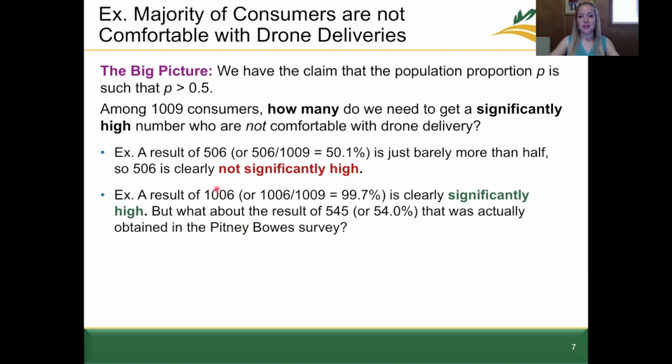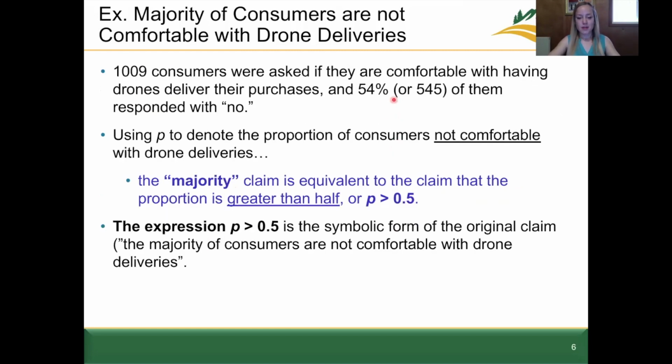But let's go back to our example here. We want to know about this result of 545 consumers out of our 1,009 because we were given this number of 54.0% of consumers who are not comfortable with drone delivery service. Going back to the question here, how do we get 54% and 545? Well, that was given to us in the question.